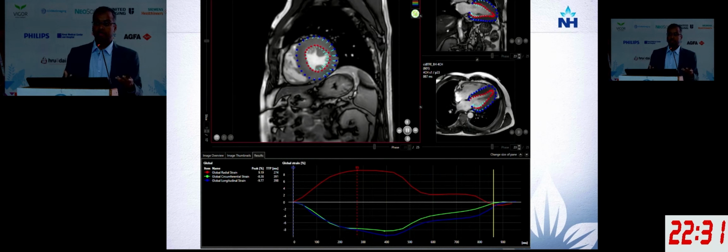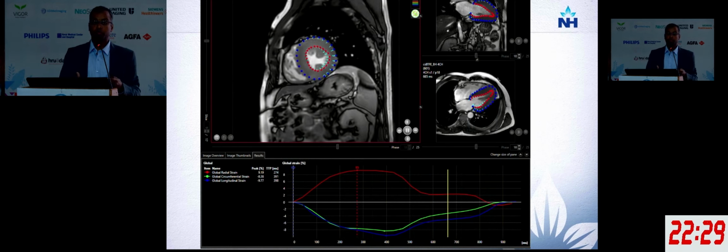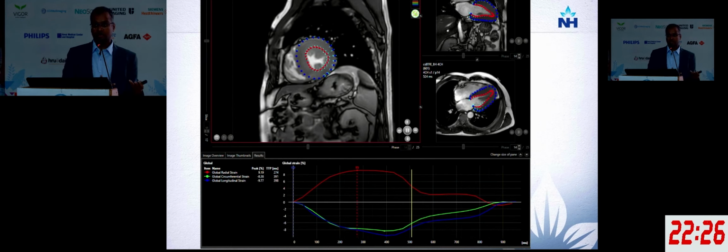This actually allows you to pick up early LV dysfunction when the LV ejection fraction is normal. So there are specific conditions where this will be very useful. T1 mapping, ECV, we've been hearing about it. It's very important for all of us to start looking at that.